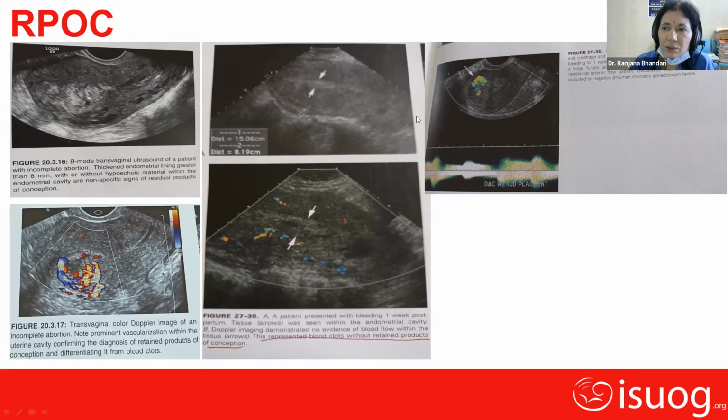Now, this is a case of arteriovenous malformation. This we will take in the myometrium chapter. But you see, arteriovenous malformations have direct arteriovenous circulation without any capillaries in between. So a lot of splashes of vessels over here, a lot of vascular supply.